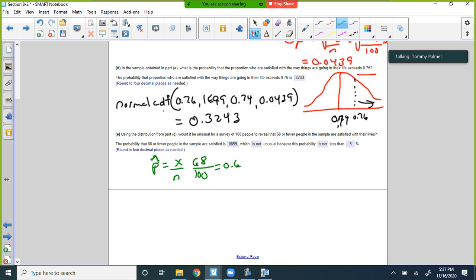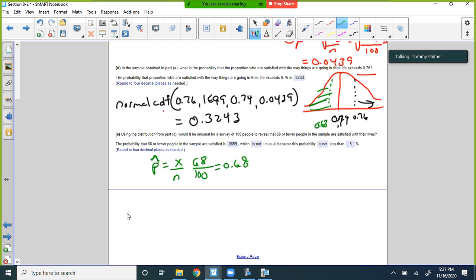So that's 0.68, right? Okay, if you look at it from the graph, 0.68 is on this side of the mean, right? And we're saying reveal that 68 or fewer, right? So that's everything to the left. Y'all with me?